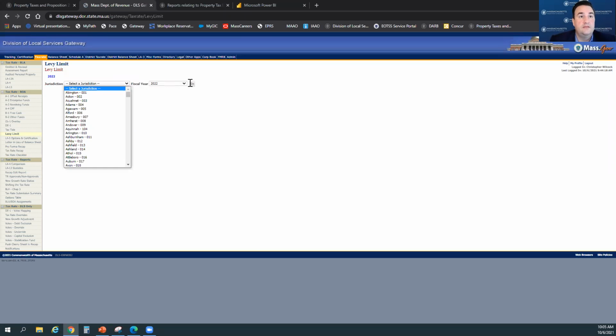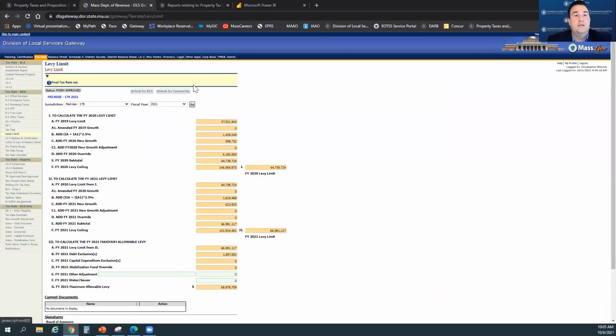And what I'm going to do is pull up last year's levy limit, and we will pick this community. So feel free to use these numbers or borrow these numbers. If anyone asks what the levy limit is for the current year, past years, upcoming year, this is kind of the worksheet that I go to.